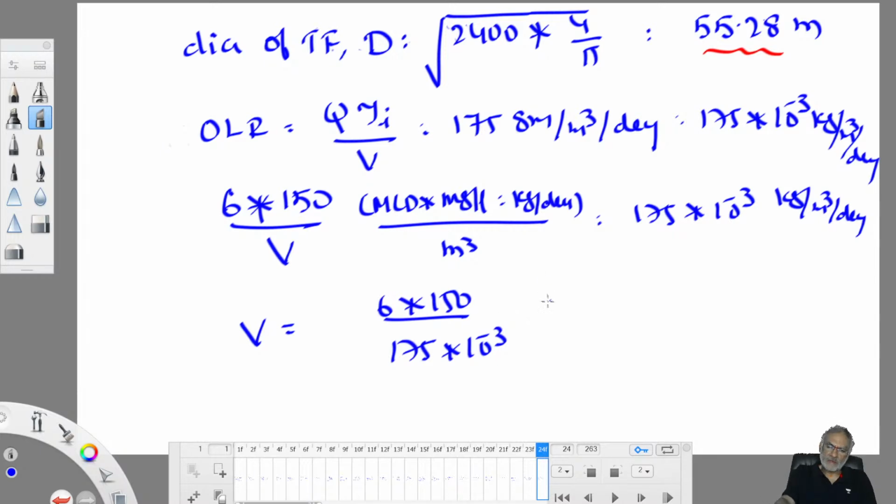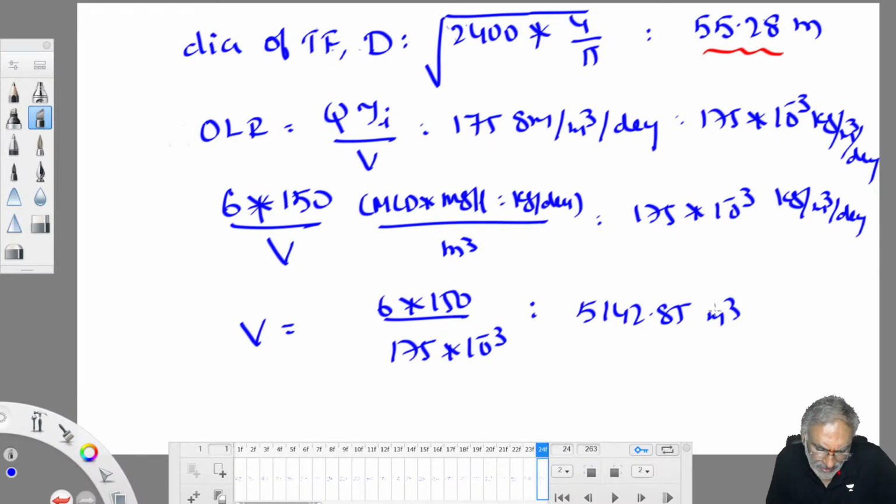So it is 5142.85 meter cube. This is also the answer for one of the questions.